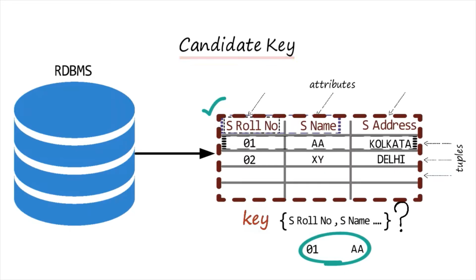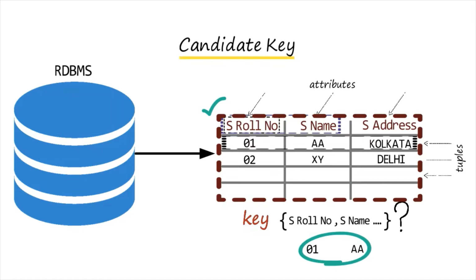Now if you are not able to identify a proper key for your database table, the problem is it will not give you a unique tuple as an output. So identifying a unique tuple in a particular table is very important.